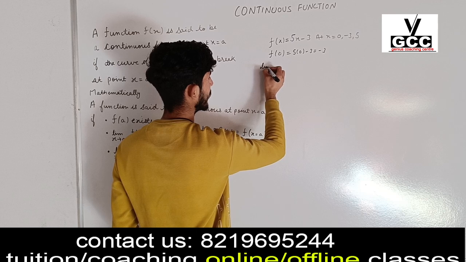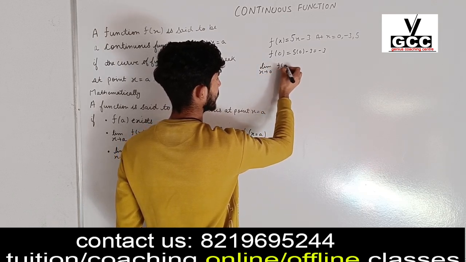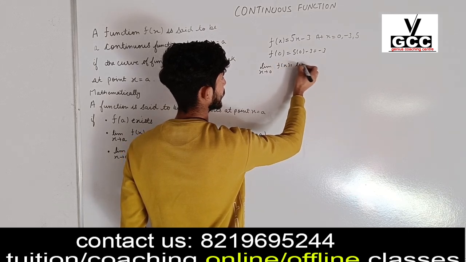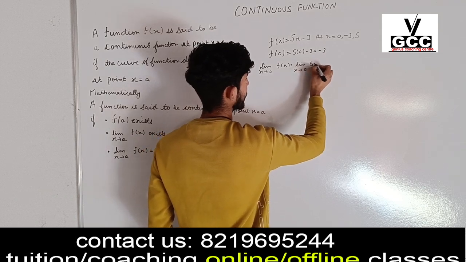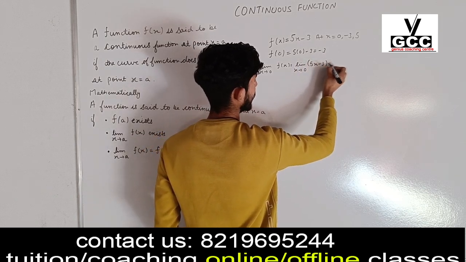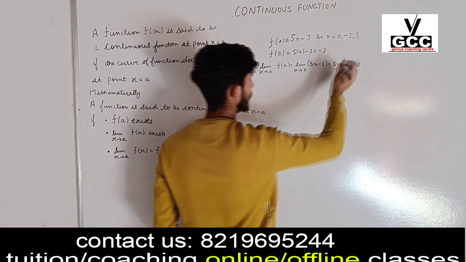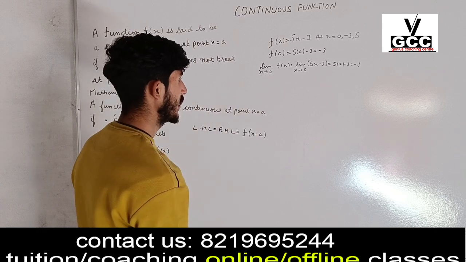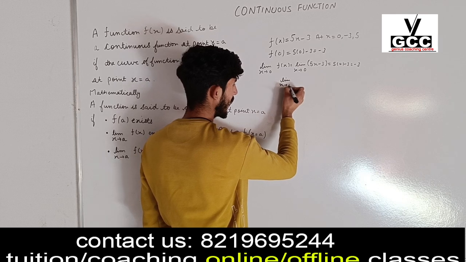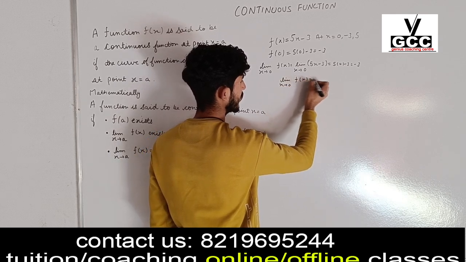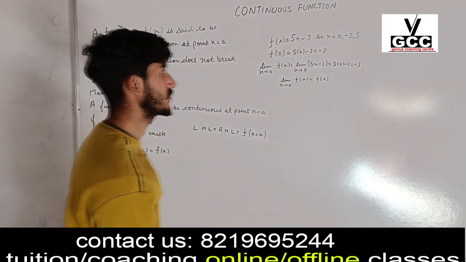Now we have to find limit x approaches to 0, f of x, that is equal to limit x approaches to 0, 5x minus 3. Now substitute the value: 5 into 0 minus 3 is equal to minus 3. Now from the definition of the continuous function, limit x approaches to 0, f of x is equal to f of 0. So the given function is continuous at x equal to 0.